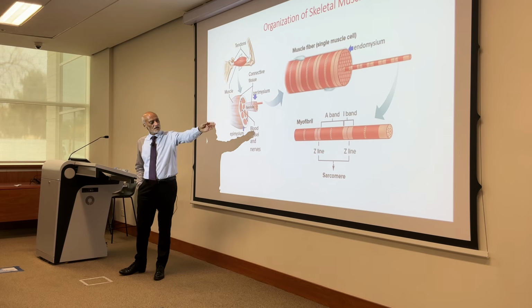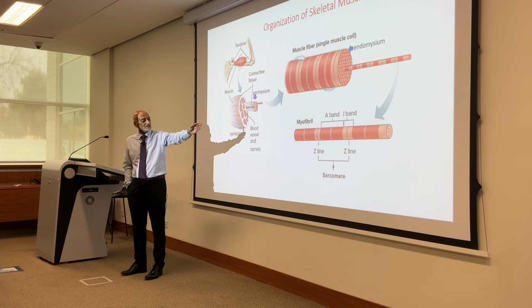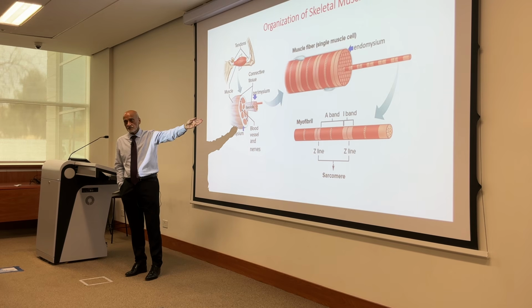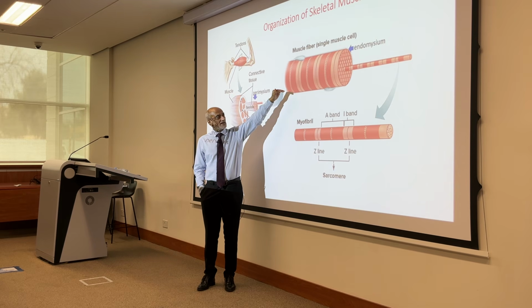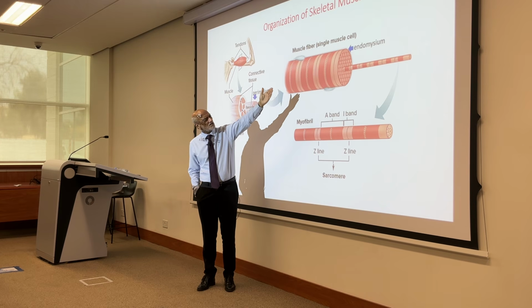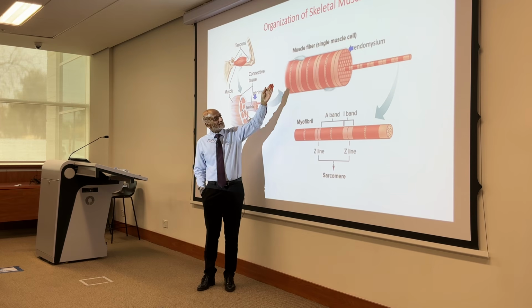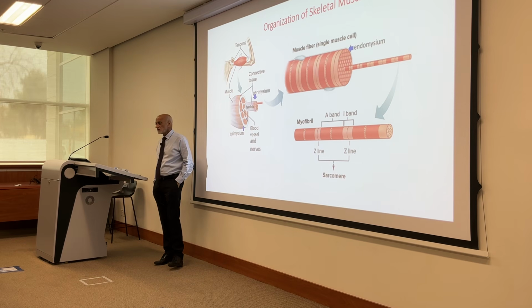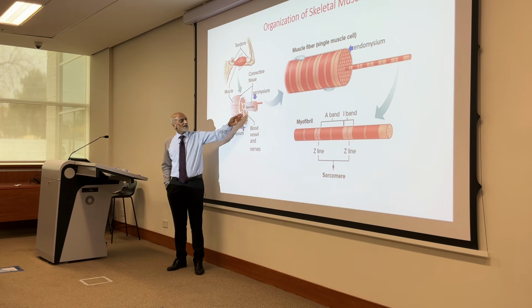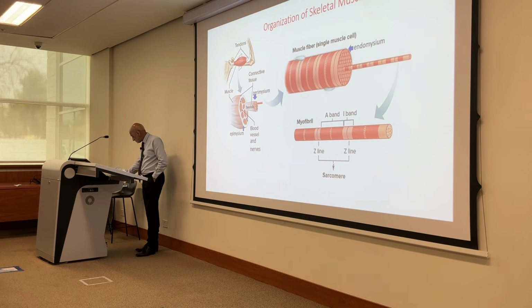And they are arranged in such a way that you end up with this banding pattern that you actually see in the muscle. So this is not the cell. This is a single cell, which is made up of, I do not know how many you have in there, okay, myofibrils. And then that is now found inside a fascicle, and I do not know how many you have in there, and those bundles now will give you the entire muscle fiber.